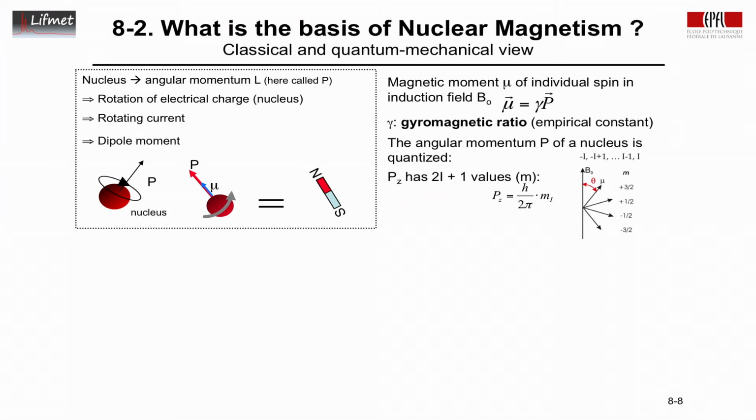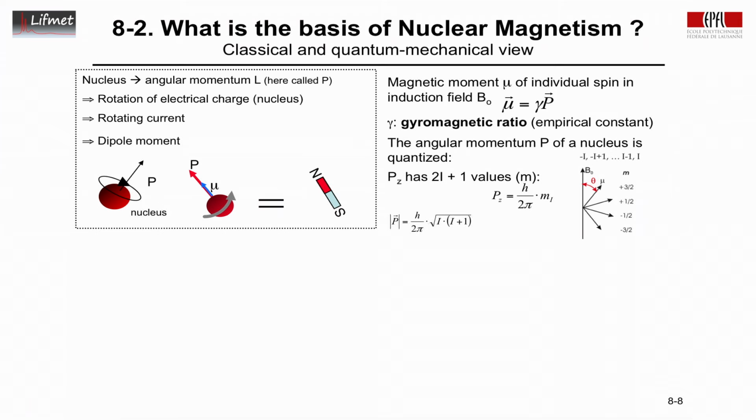The quantum number m can go from minus I to plus I in increments of 1. So in this particular example, we go from minus 3/2 to minus 1/2, plus 1/2, plus 3/2. That's the z component of the angular momentum.